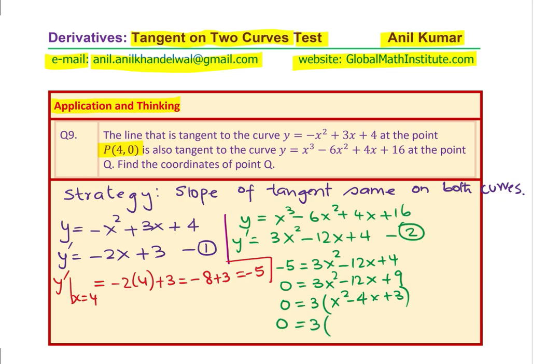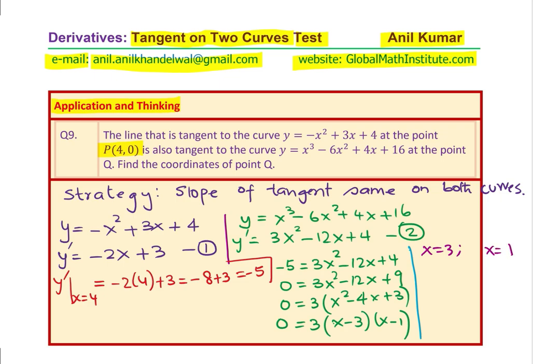The product is 3, so both are minus: minus 3, minus 1. So as you can see here, there are two possible points on this curve: x equals 3 and the other one is x equals 1.